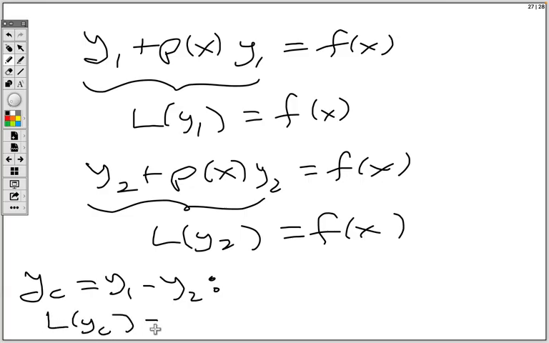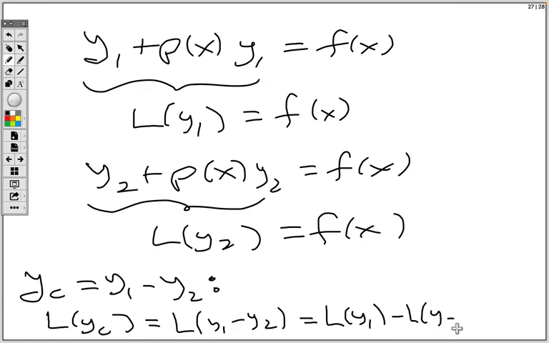L of yc would be L of y1 minus y2, but L is linear, so it respects linear combinations. L of y1 minus L of y2. L of y1 is f of x. L of y2 is also f of x. f of x minus f of x is 0.